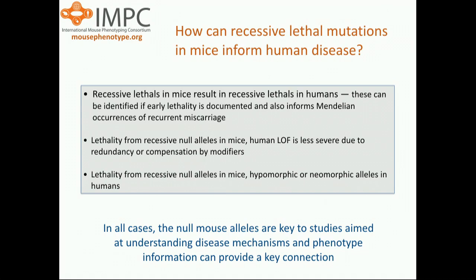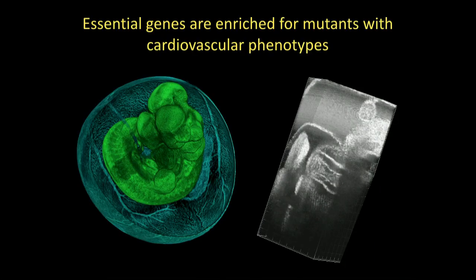So the robustness of the human genome supports a further development. And in some cases, lethality from recessive null alleles in mice is correlated with hypomorphic or neomorphic alleles in humans, but the information that is provided from the phenotyping in these cases is still very informative. And I'll just take you through a couple of examples.